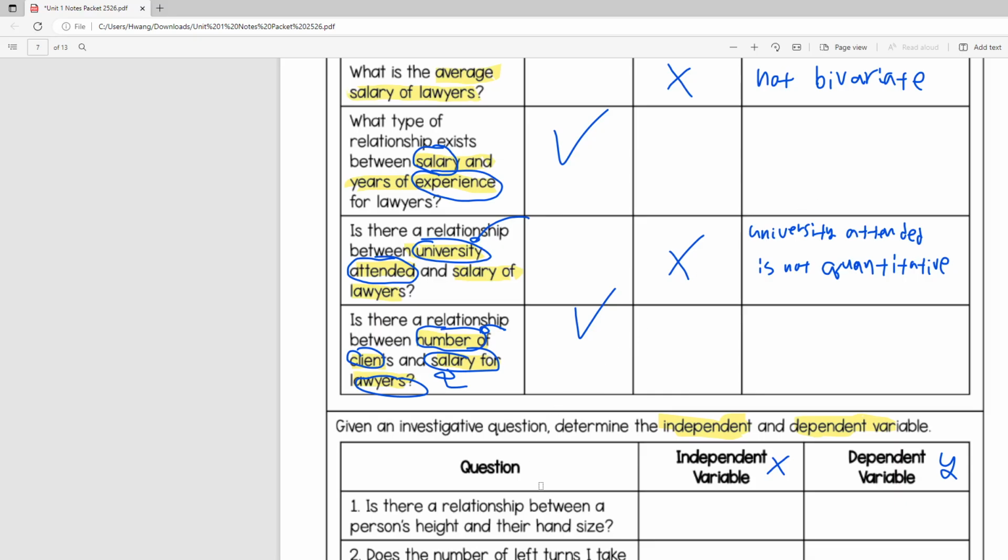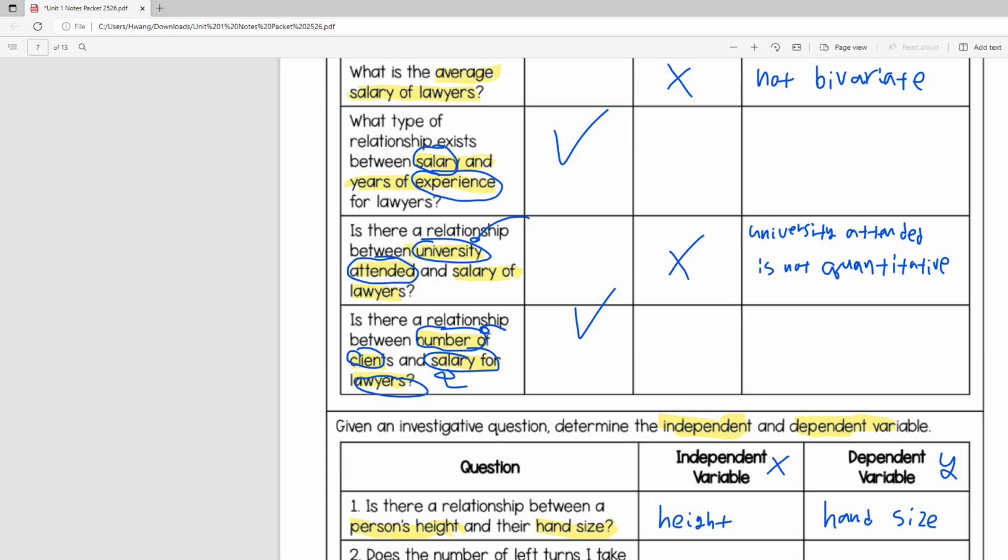If you look at the question, it's asking, is there a relationship between a person's height and their hand size? Usually by context, it's always the first one that is the independent variable. So in this case, it's going to be height. And my dependent variable is the hand size.